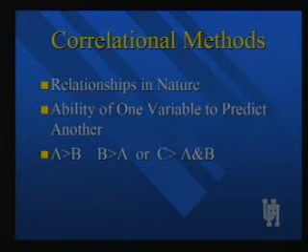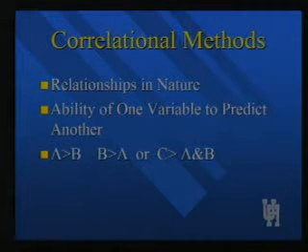Another might be predicting level of depression or anxiety based on level of stress. Again, if you had a stress measure and you have an anxiety or a depression measure, you can relate them, and one may be predictive of the other, but it's likely to be imperfect.